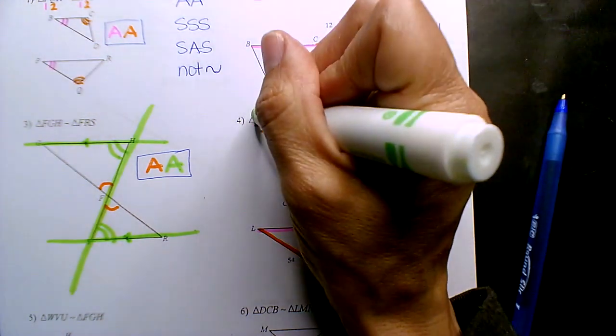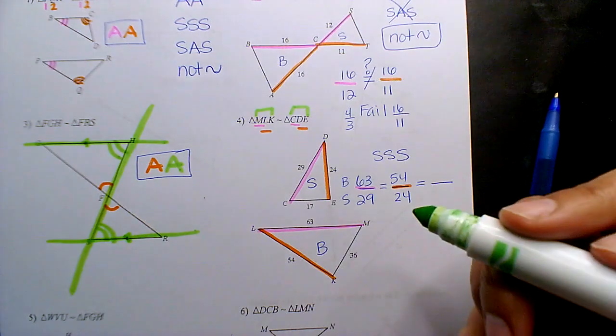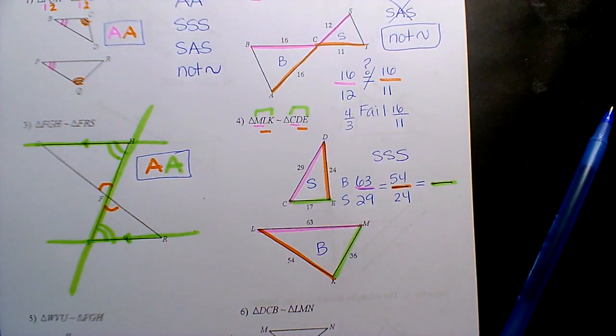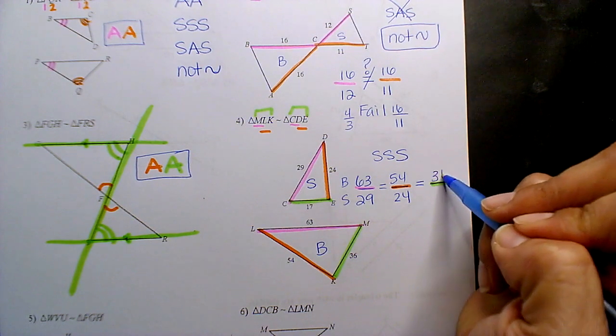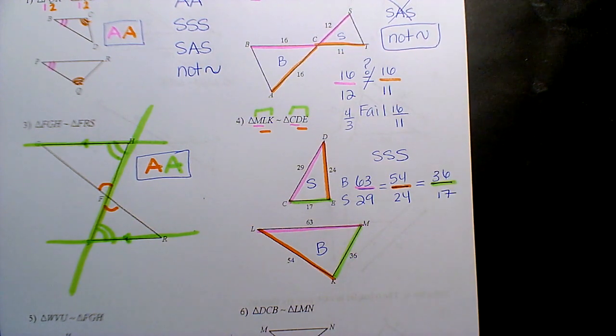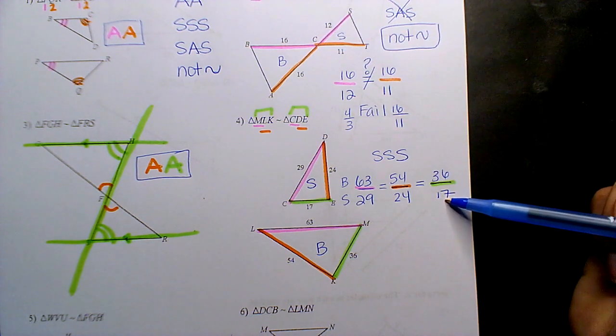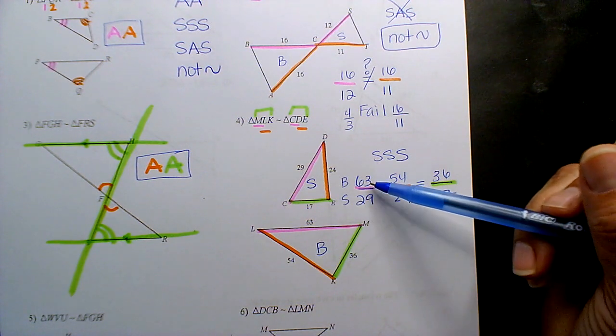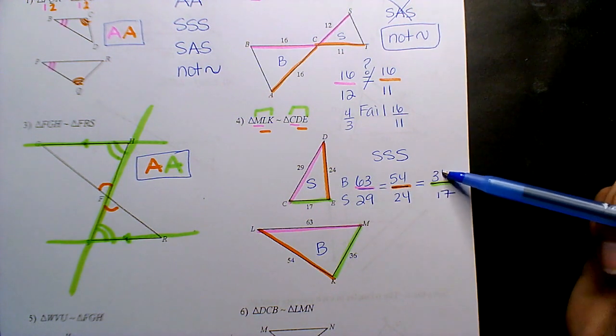And then MK to CE, and so that's 36 over 17. And right off the bat, is it a yes or a no? It's a no, you can tell, because look, 17 is a prime number and 29 is a prime number. You're not going to be able to reduce these 2.